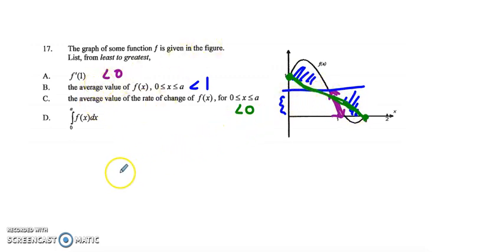So certainly a is going to be less than c, which is less than b, because b is somewhere between 0 and 1. So the only remaining question is what happens with d, which is the integral from 0 to a.